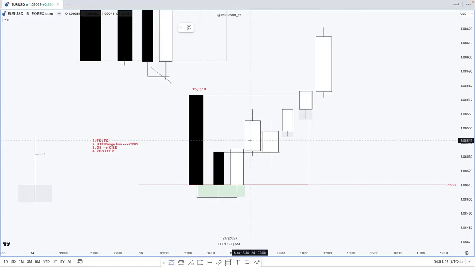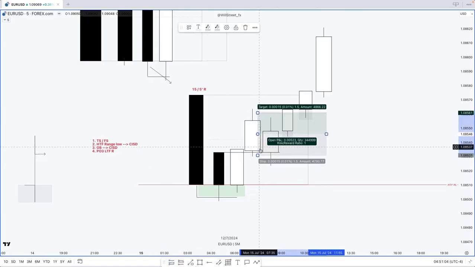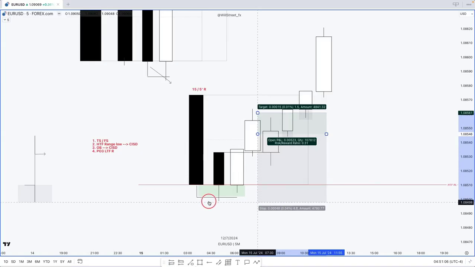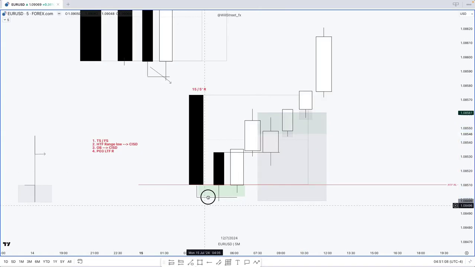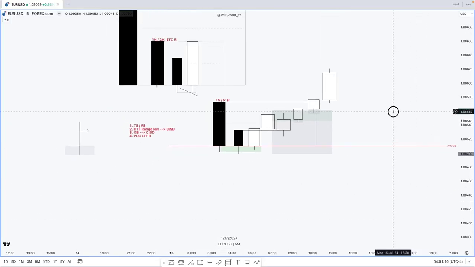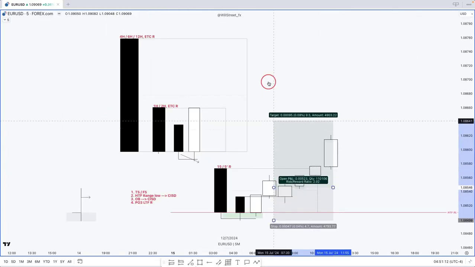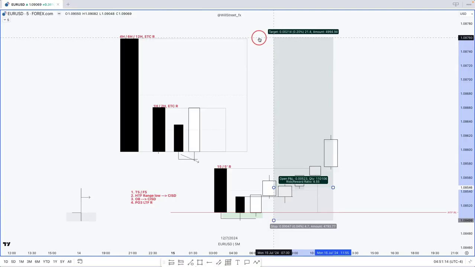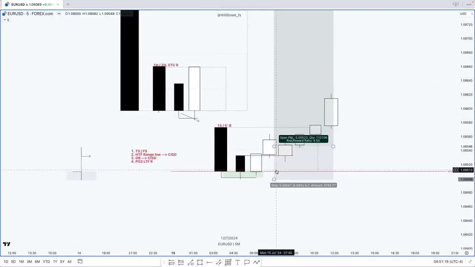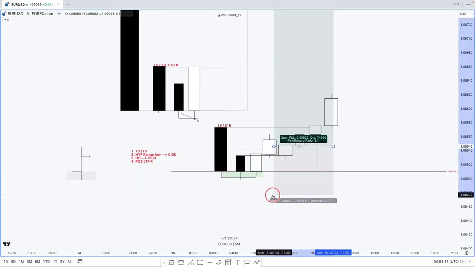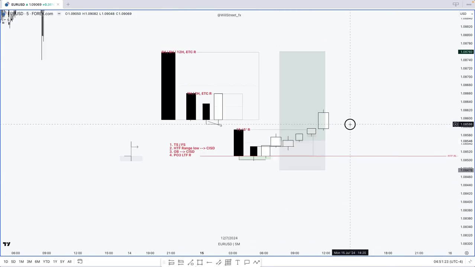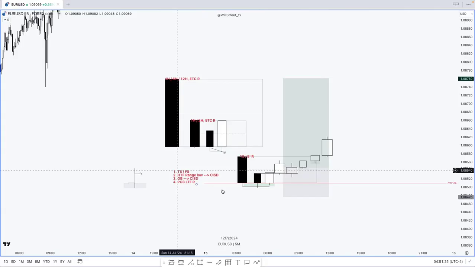Stop loss position always below the turtle soup. Here. Looking for what? 3 R's, or if there is news, we can look for 4 R's. Something like this. Without news, this is our stop loss placement.